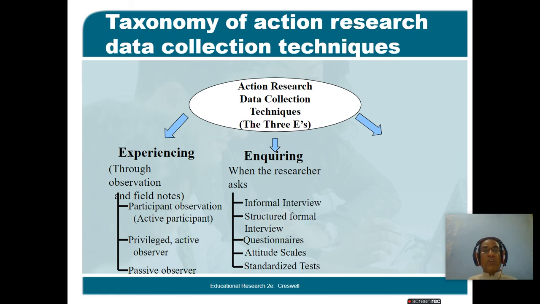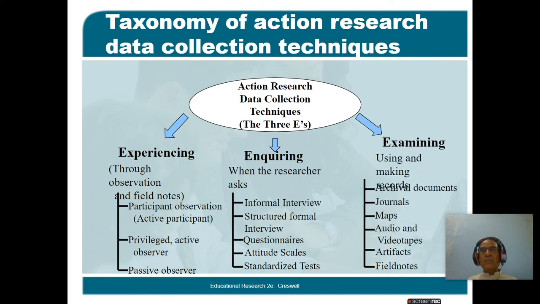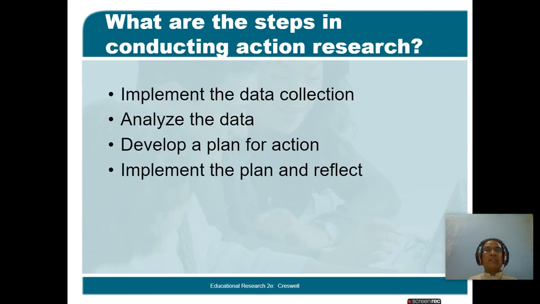Second is inquiring, when the teacher asks through informal interviews, structured formal interviews, questionnaires, attitude scales, and standard tests. The third E is examining: making records, exploring documents, finding information in journals, maps, audio and video, artifacts, and field. Such techniques are mostly used in the qualitative type of action research.